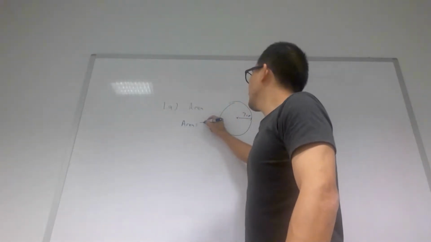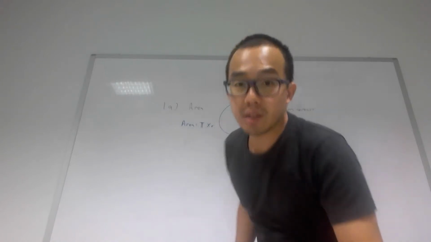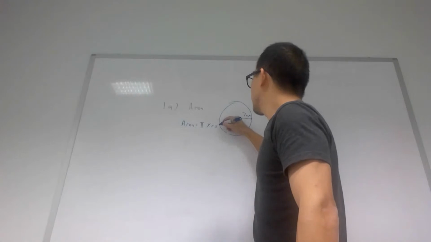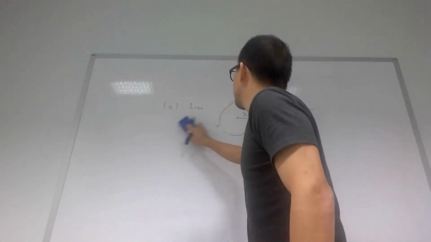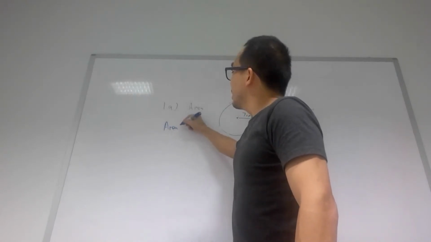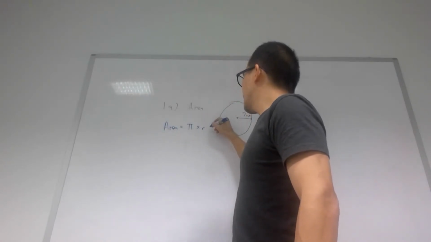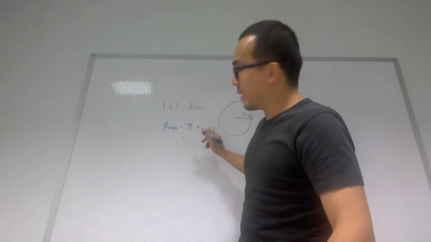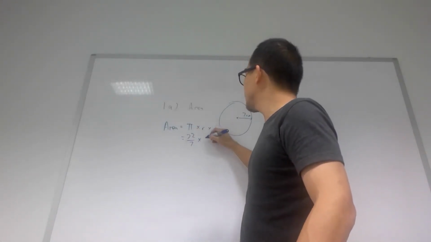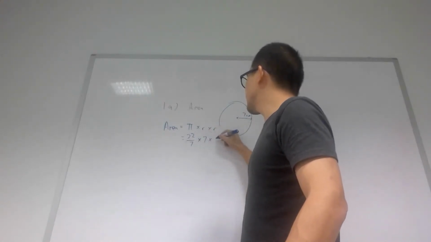Good, very good. Okay, pi times r. Can you see from here? Pi times r. Okay, let me do it a bit bigger. Area equals pi times r times r. And what did they say pi is? Okay, 22 over 7 times, where's the radius? 7 times 7.